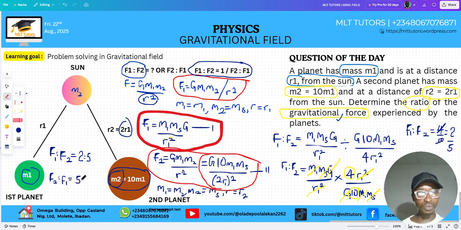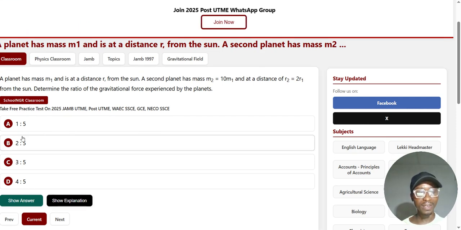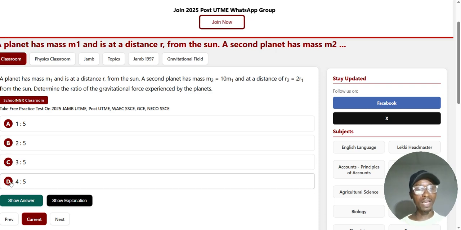So either one that we have in the options will definitely be our correct answer, because the question does not really specify which one should be the numerator or denominator. It just says the ratio. Question easily done. Now let's go back to the question to verify the answer. Okay, we have option A 1/5, option B 2/5, option C 3/5, and option D 4/5.